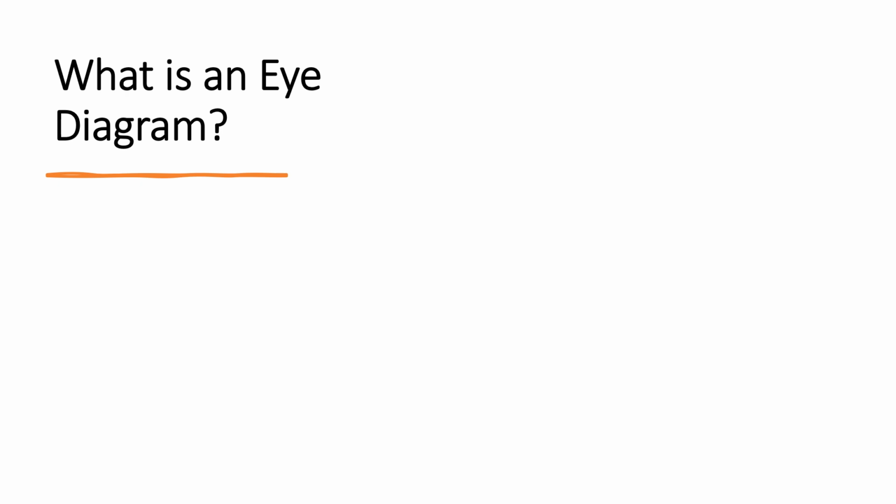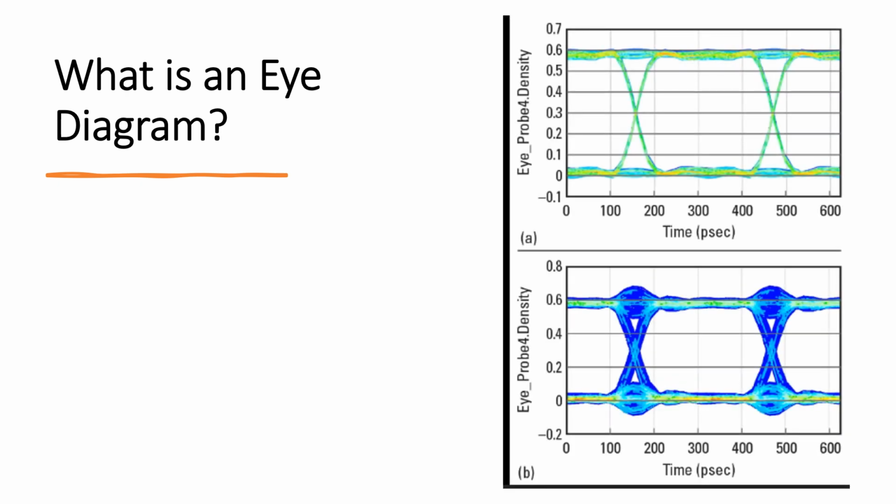First of all, we are going to discuss what an eye diagram is with respect to high-speed digital designs. An eye diagram is basically a way to visualize how clean or noisy a high-speed digital signal is. What we do is overlap multiple cycles of the signal, kind of stacking them, and that forms a pattern that looks like an eye. As you can see in this diagram on the right, there are two eyes.